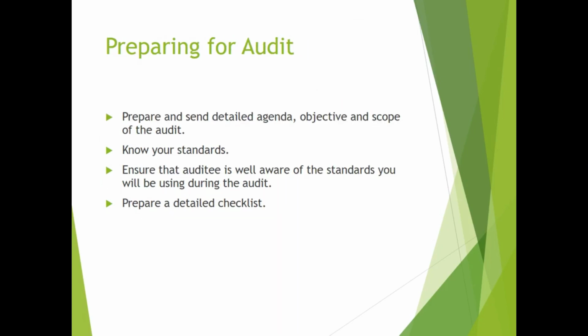As an auditor, if you are inspecting a company or an area, you should prepare and send a detailed agenda, as well as the objectives and the scope of the audit, to the auditee. You should have a good understanding of the regulatory requirements and standards in operation in the area, company or department that you're going to be auditing. Ensure that your auditee is well aware of the standards that you are going to be looking at during the audit.